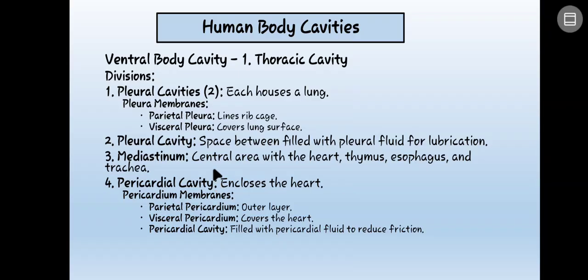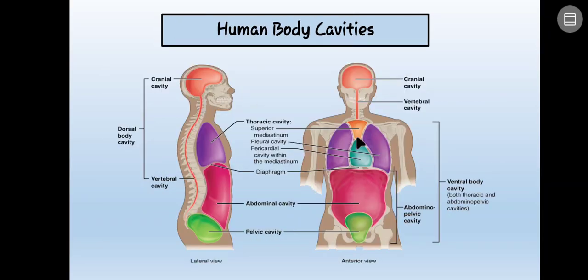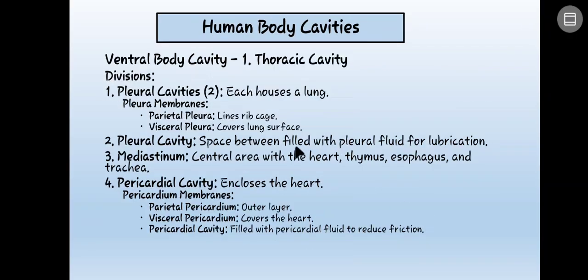Good. When you hear of pleura, these are membranes that line the rib cage. This pleural cavity here is formed by the ribs, the rib bones. The lungs do not lie directly in this cavity. There should be a membrane lining this cavity before we have the lungs within it. The membrane that lines the rib cage we call the parietal pleura.